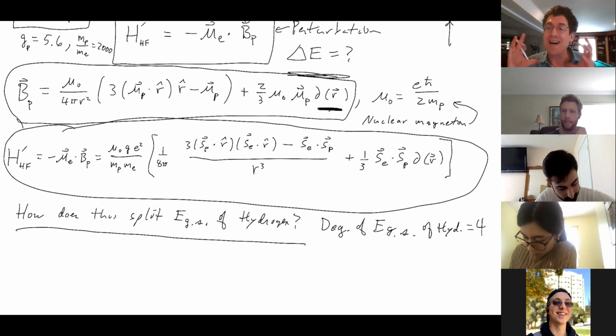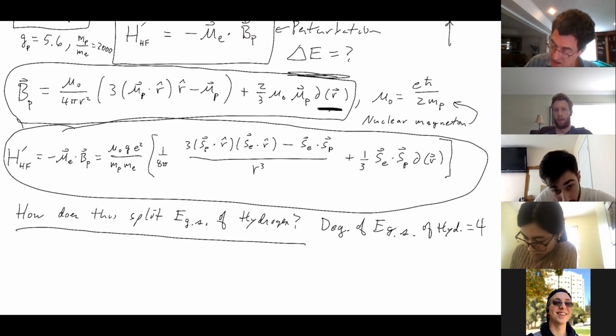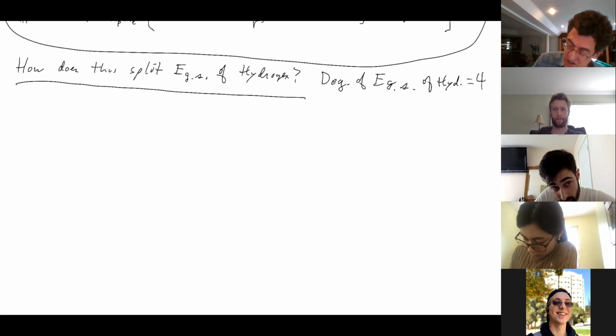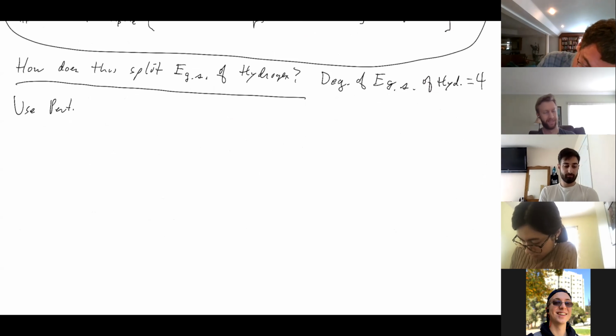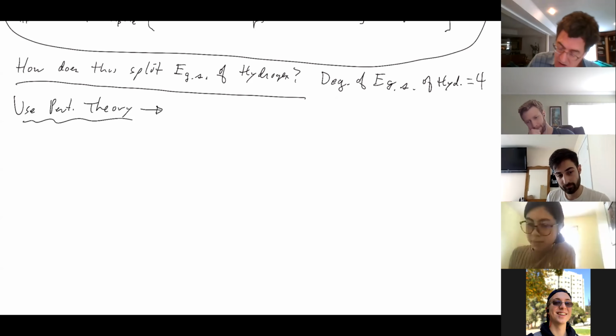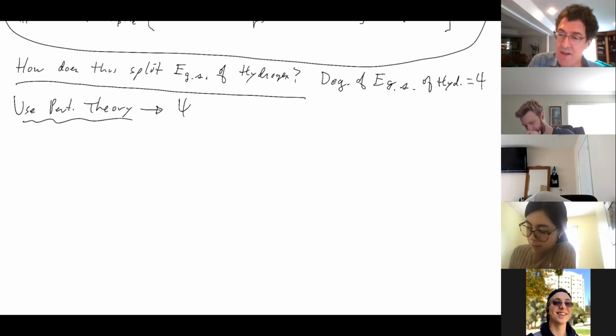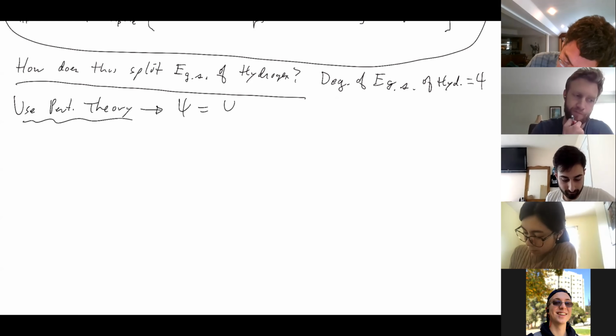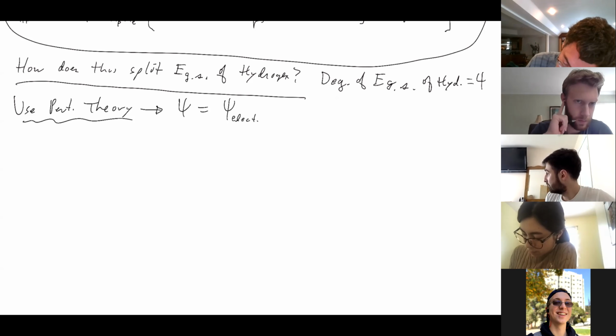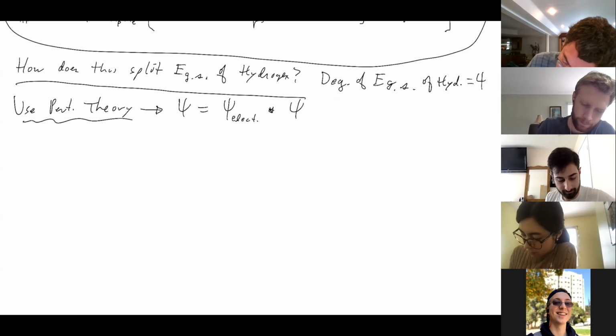So when we're talking about the ground state energy, it's a whole new ballgame because we want to use perturbation theory, but now our wave functions are many-body wave functions. The wave function is going to be the wave function of the electron times the wave function of the proton.